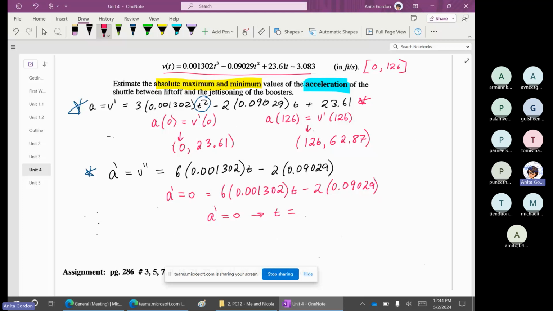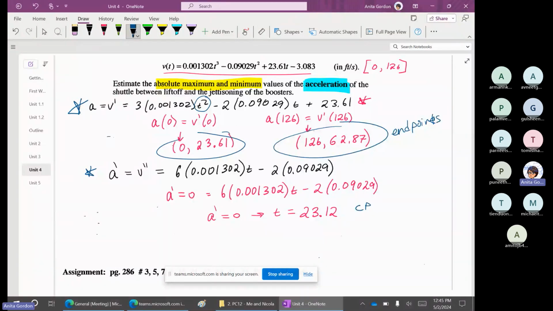No, the final answer. Round the final answer to 2 decimals. 23.12. Okay, so these are our endpoints, and this is my critical point.